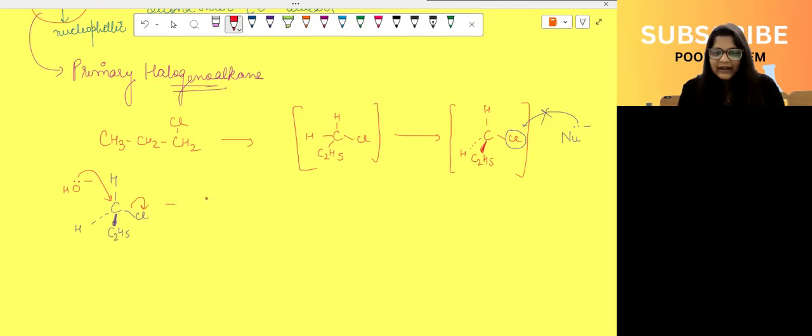What happens when it happens like that? This chlorine and OH actually form a partial bond, and they form a transition state. Correct?